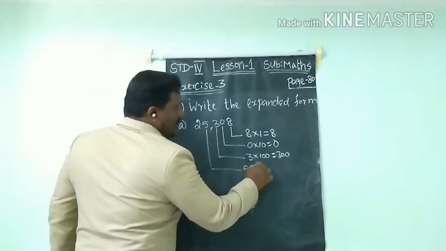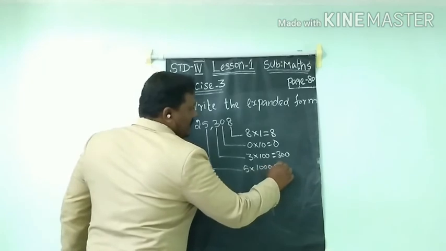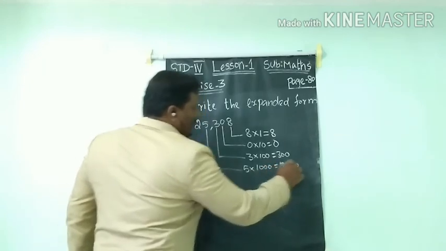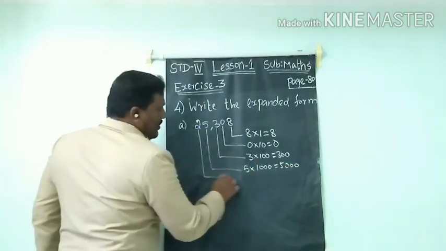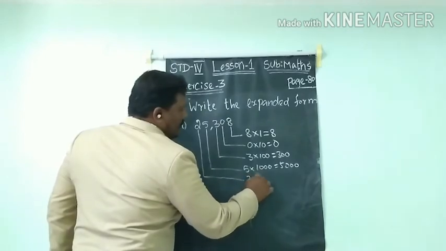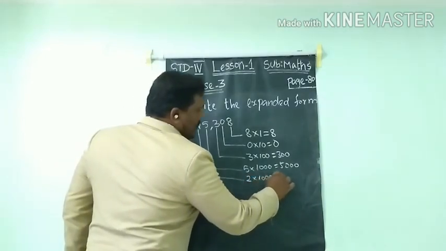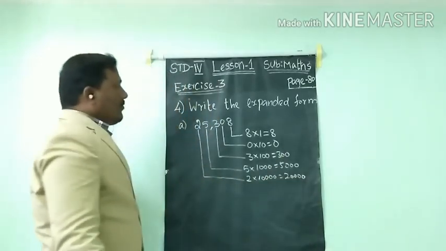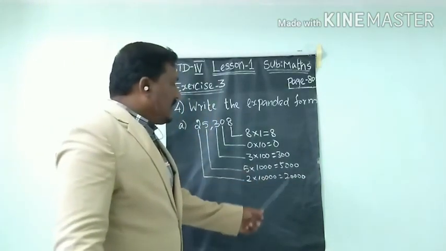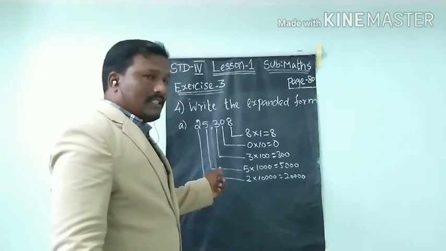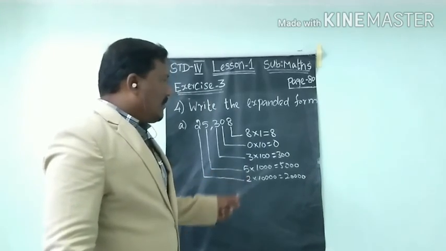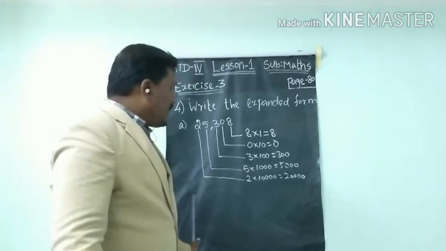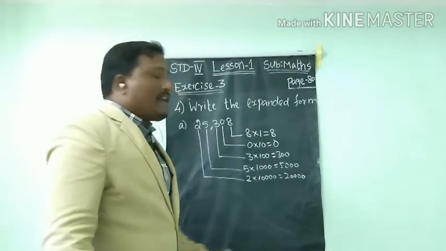So 5 into 1000, 5000. So ten thousands place. 2 into 10,000, 20,000. So we found the place value of each digit. Now we want to write it as an expanded form.